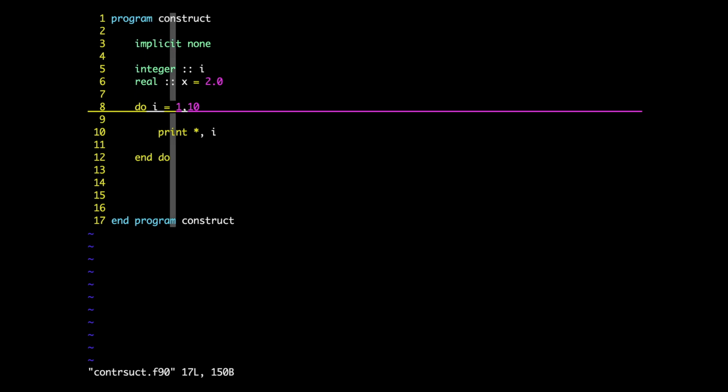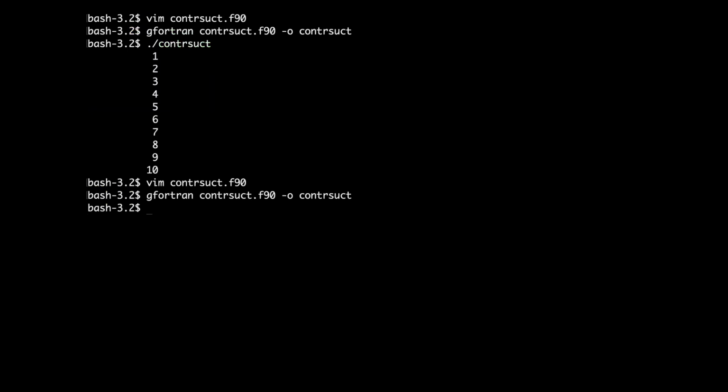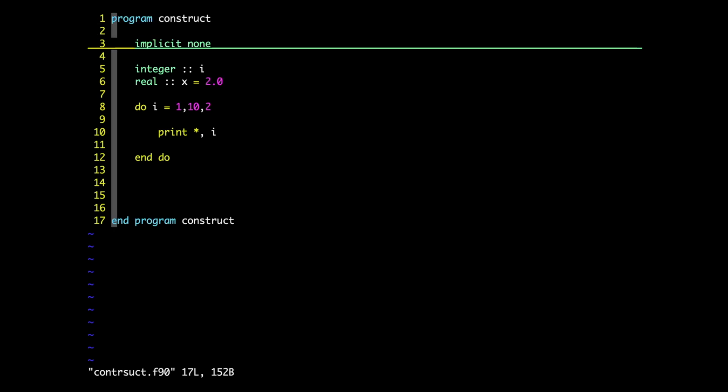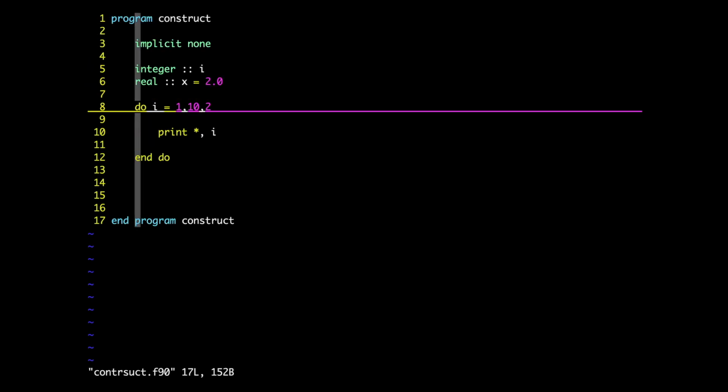So we can do every other value if we want by giving a third number here. There you go, 1, 3, 5, 7, 9. So we get odd values. And in this case, we're just sequentially going through, 1 to 10.